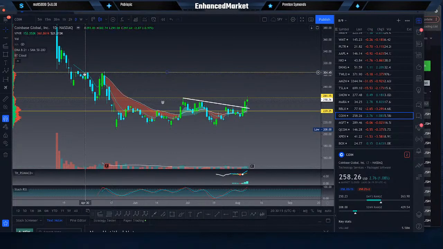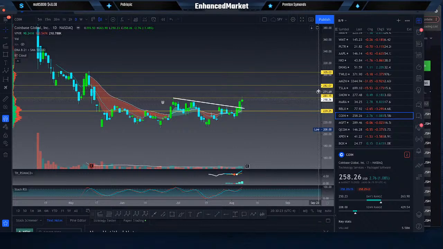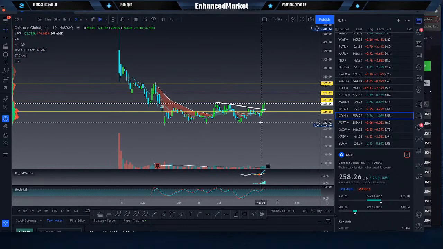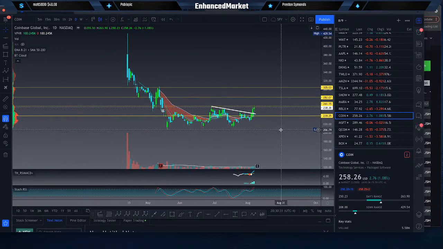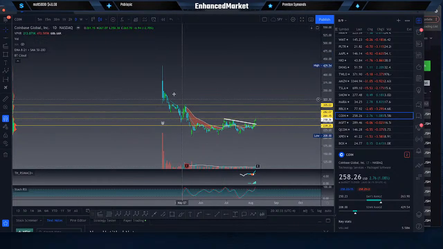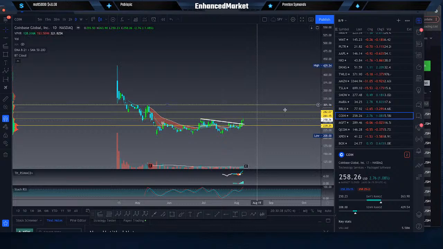Old support turning into new resistance. We should test that level again, right? That's another level of resistance that we'll test. But 282 and 305. Bitcoin has been performing pretty well. So I think we could potentially see some upside, and we'll have a nice U or a cup formed here.